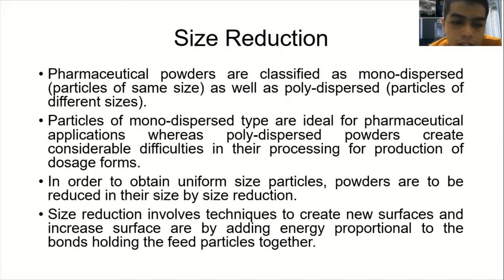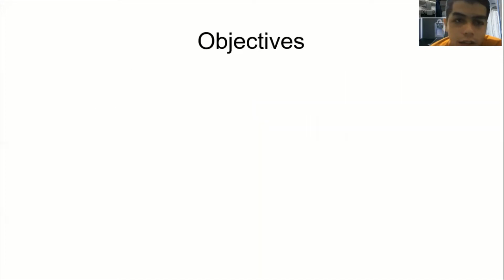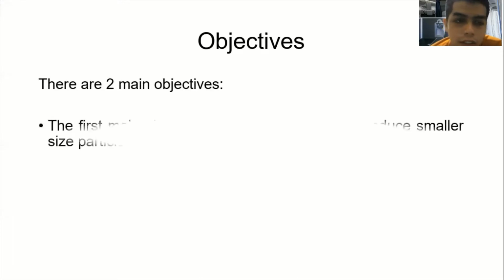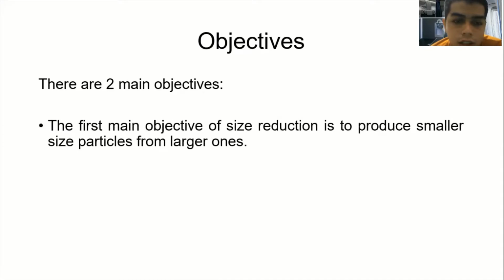Size reduction involves techniques to create new surfaces and increase surface by adding energy proportional to the bonds holding the feed particles together. Next slide. So objectives. There are two main objectives. The first one is the main objective of size reduction, to produce smaller size particles from larger ones.